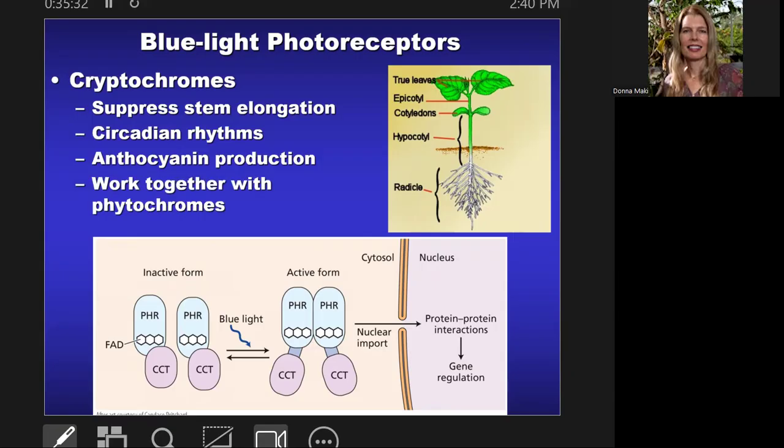And they also seem to overlap or play some roles along with phytochromes. So it seems like they often work in concert to help the plant assess what's going on and then respond appropriately. And solar tracking. So many plants are pretty good at solar tracking through the day. They can turn their leaves to face the sun the whole day long, no matter where the sun is in the sky.